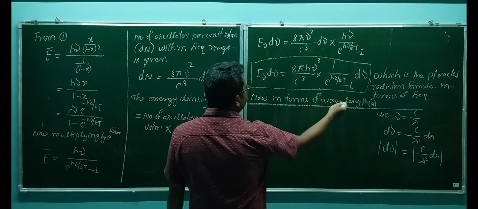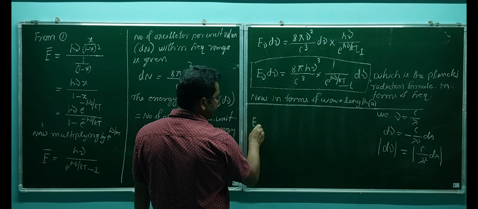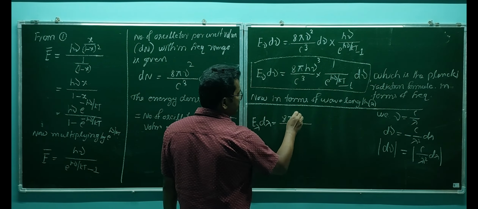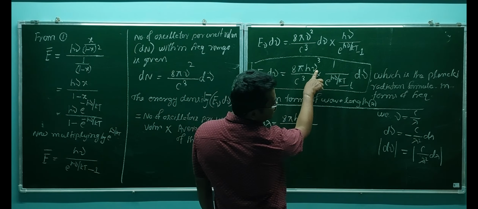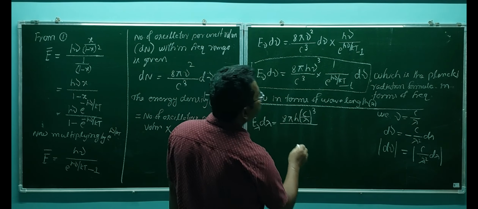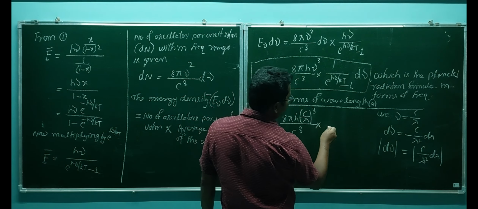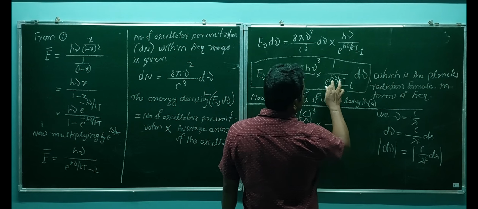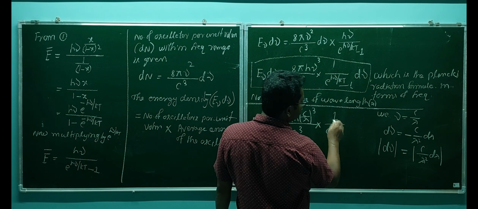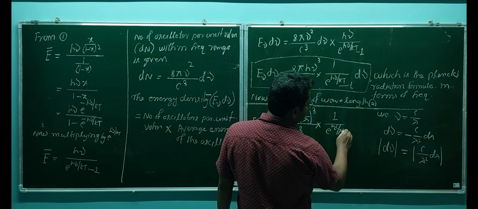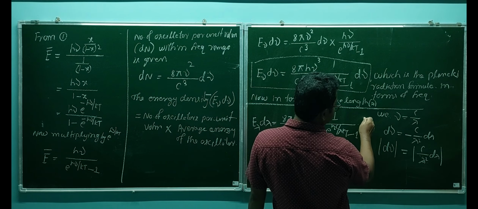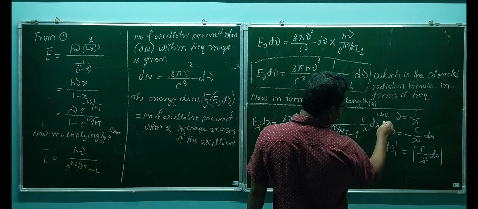Now in terms of wavelength, we can write E lambda d lambda equal to 8 pi h, now nu is c by lambda to the cube, this is c cube, into 1 by e to the power h c by lambda kt minus 1, into d nu is c by lambda square d lambda.